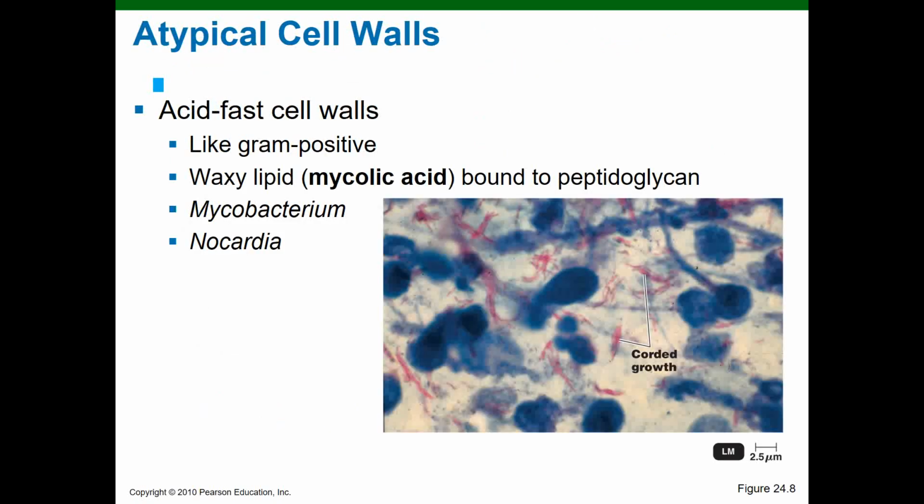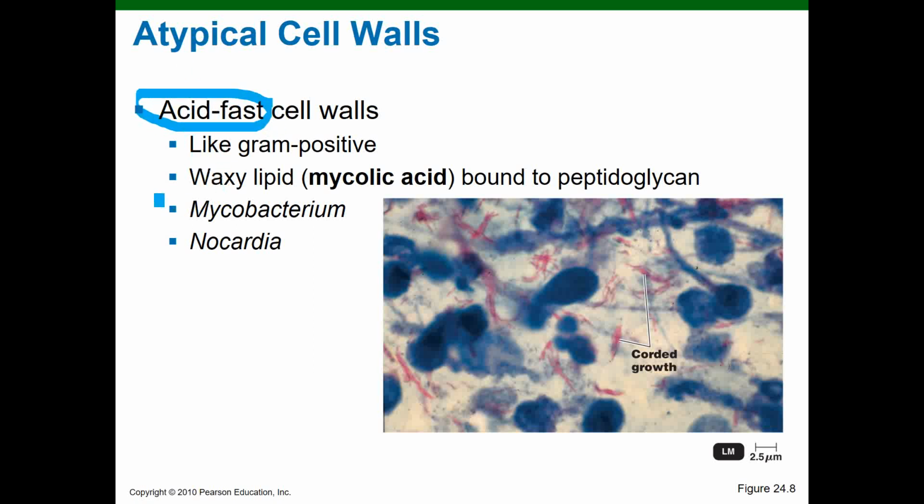Okay. So in addition to gram-positive and gram-negative bacteria, there are other types of bacteria that we can find that cause disease. That's what this slide is talking about. We have some bacteria that have atypical or not common cell walls, so that means that they don't fall into the gram-negative or gram-positive category. One particular category is acid-fast bacteria.